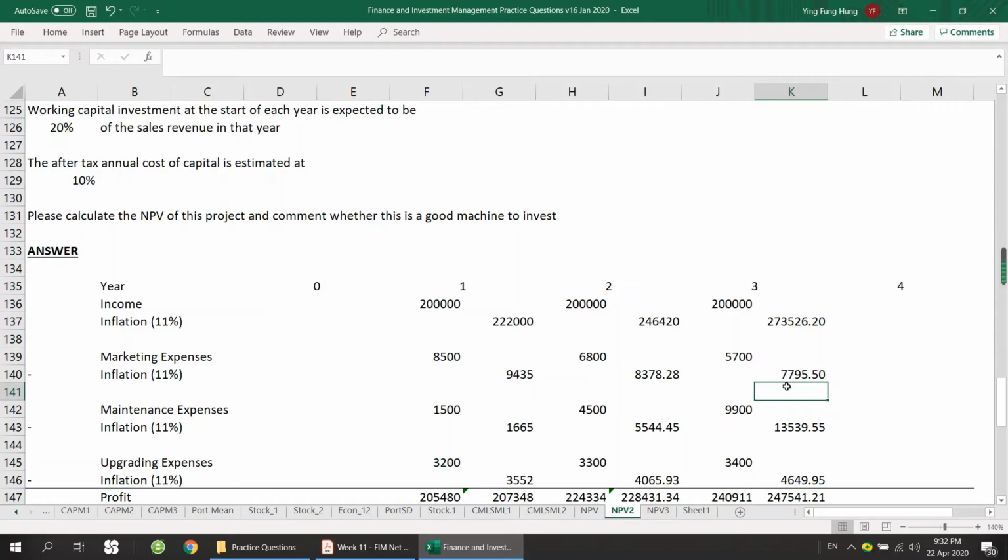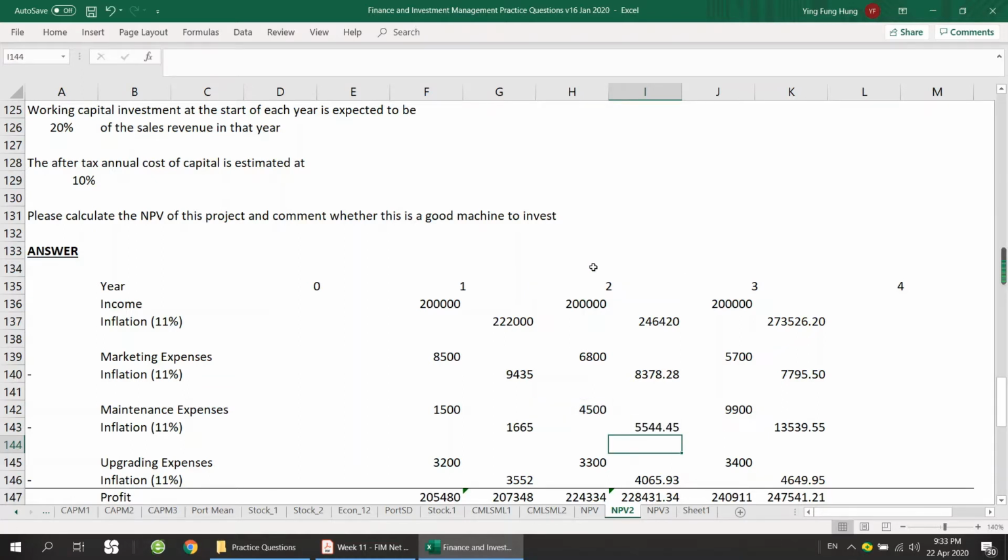We are going to do a similar calculation for the maintenance expenses, which is in the first year, this 1.5 thousand. We have to multiply this by 1 plus 11% and raise to the first power because it's the first year. Then this will give us an answer of 1.665 thousand. And for the second year, the maintenance expenses will be this 4.5 thousand, and we have to multiply this by 1 plus 11% inflation rate and raise to the second power because it's the second year.